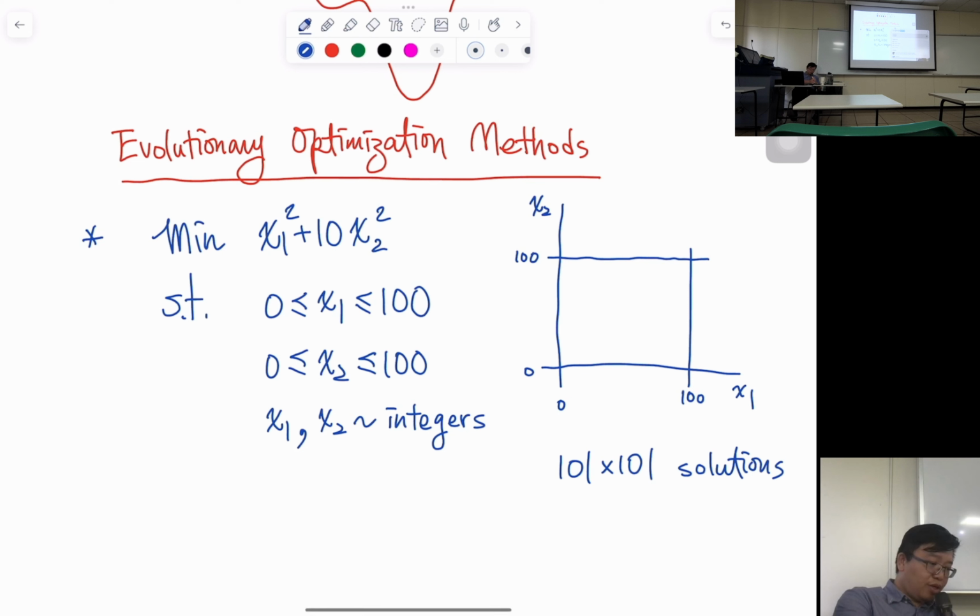So let me say something like a nonlinear one. Maybe something like this. Something like this.